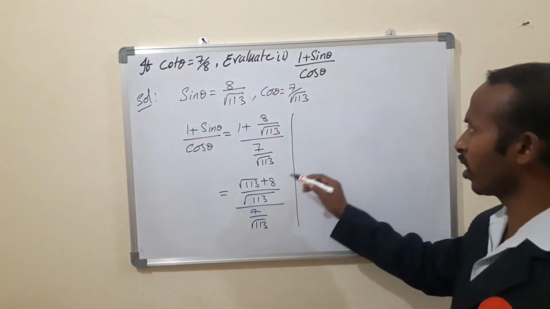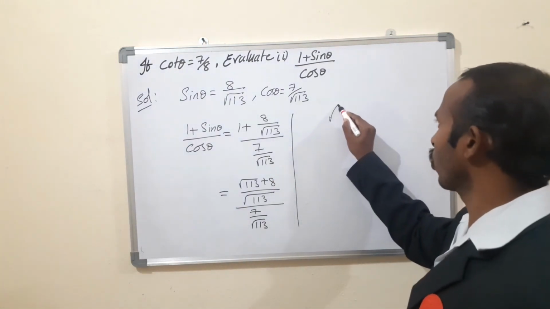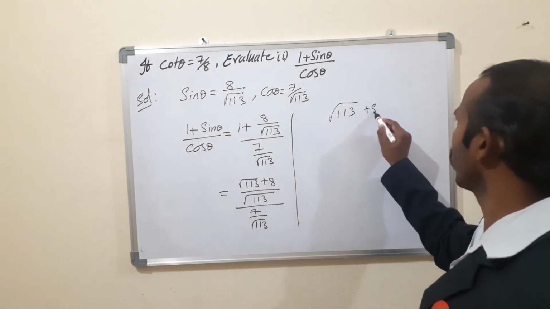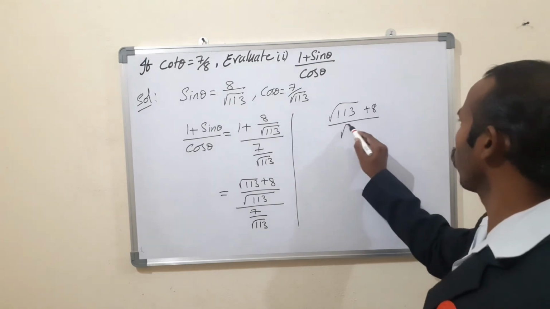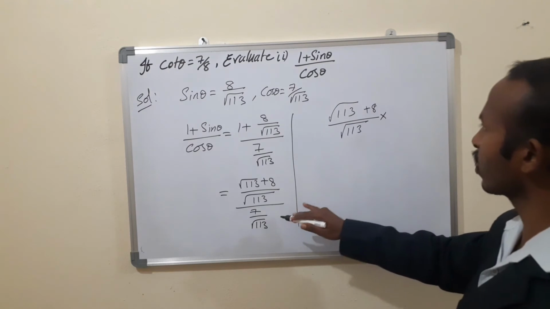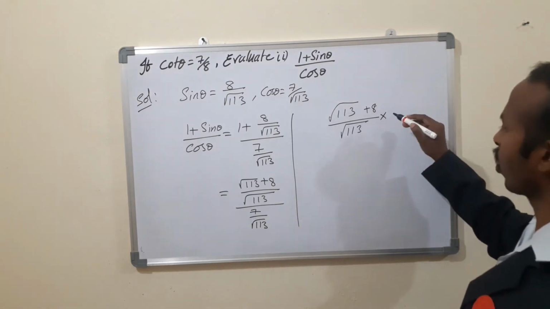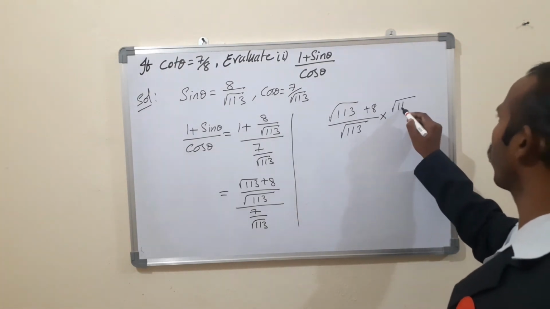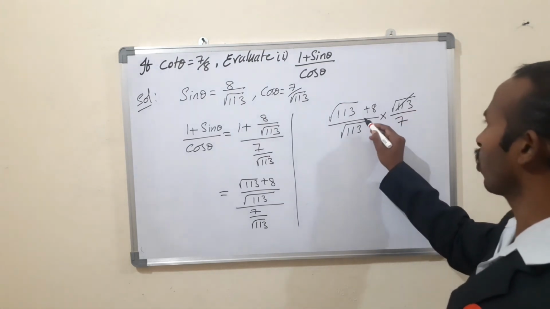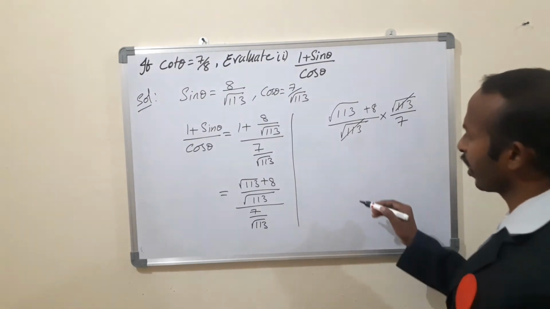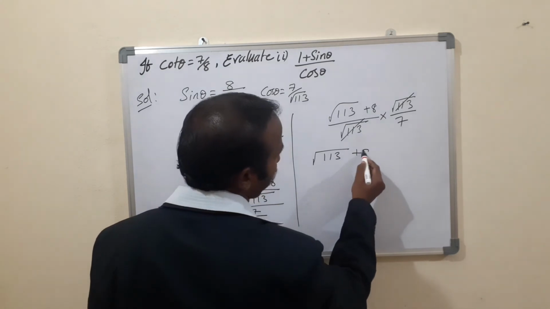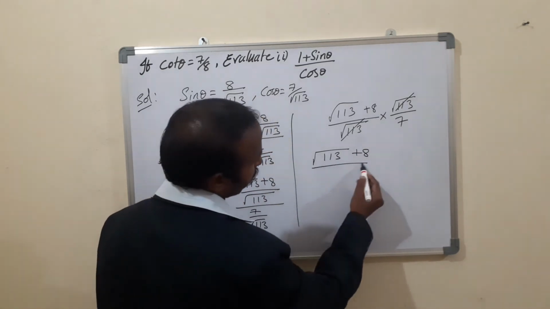Now I will write the numerator fraction as it is, that is square root of 113 plus 8 by square root of 113, into, whenever the denominator fraction comes to the numerator, it becomes reciprocal, that is square root of 113 by 7. Now square root of 113 and square root of 113 get cancelled. The remaining is square root of 113 plus 8 by 7.